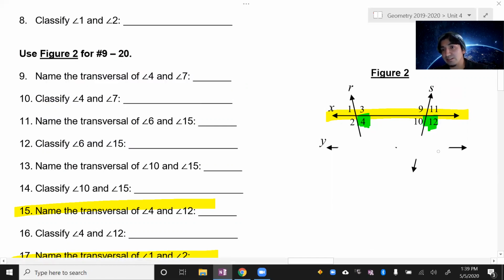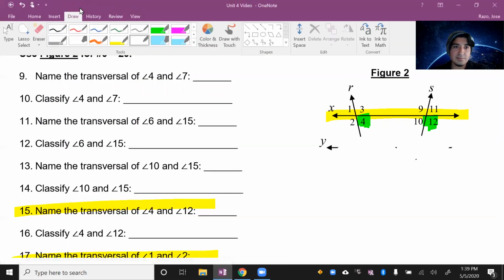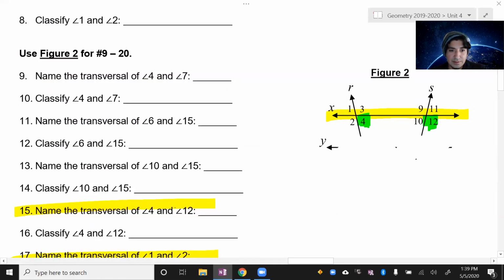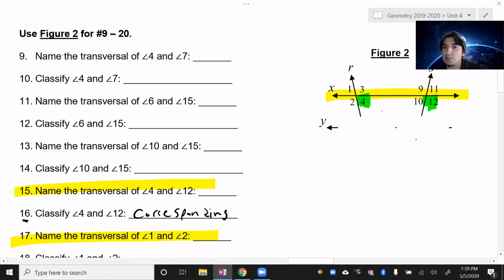So now I have 4, I'm going from this train station, I skip 10 and I go to 12. So that means this will be considered corresponding. Actually, that was number 16 right there, so corresponding, you got lucky. The transversal that connects them is X, this one right here.